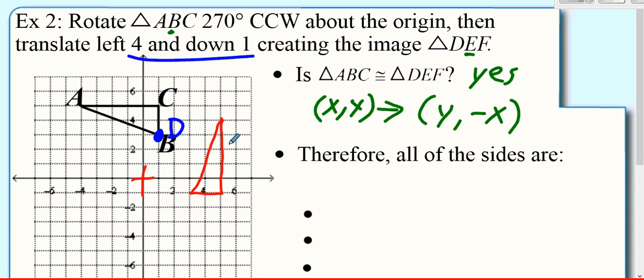That was D. E, left 4, down 1. And F, left 4, down 1.